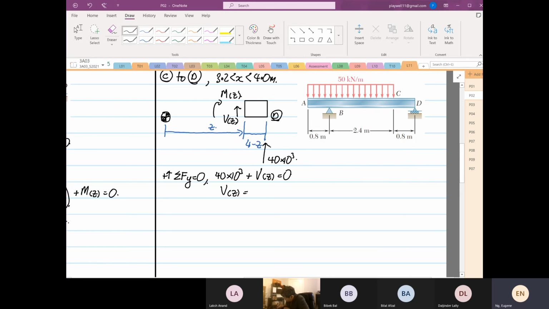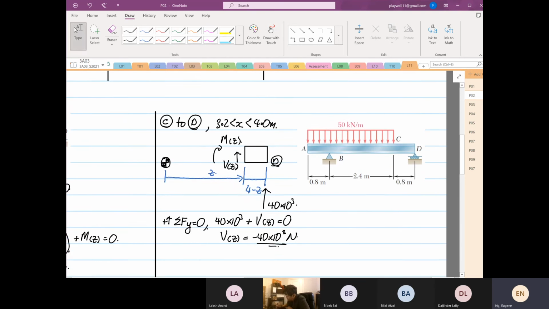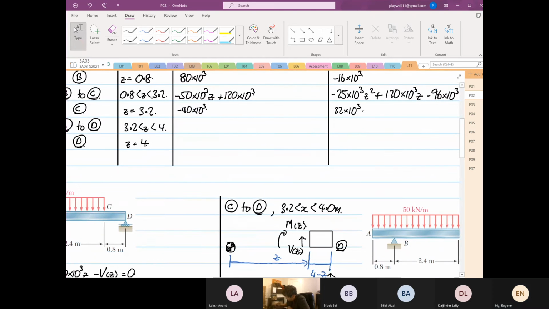So V as a function of z is equal to minus 40 times 10 to the power 3.